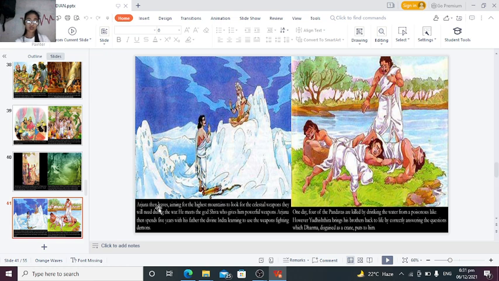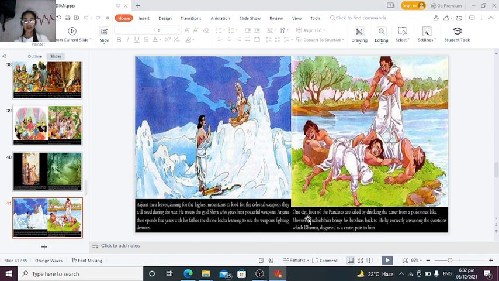In the succeeding story, Arjuna leaves, aiming for the highest mountain to look for the celestial weapons they will need during the war. He meets the god Shiva, who gives him a powerful weapon. Arjuna then spends 5 years with his father, the divine Indra, learning to use his power fighting the demons.